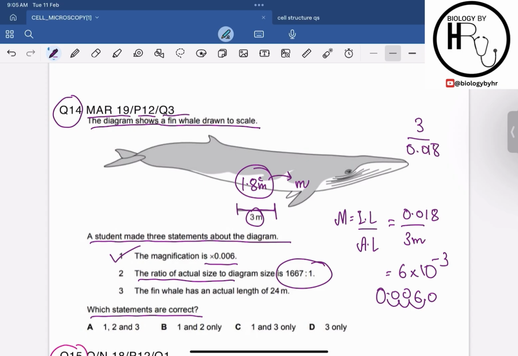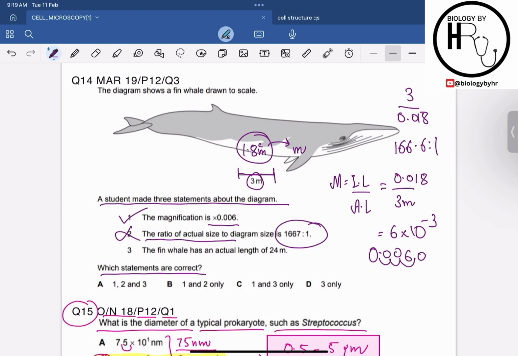If we divide these values, 3 divided by 0.018, we get 166.6 to 1. So statement 2 is incorrect, as it does not match the ratio.